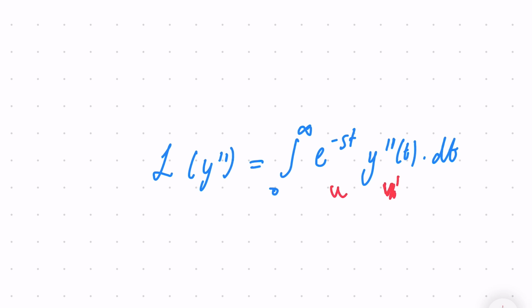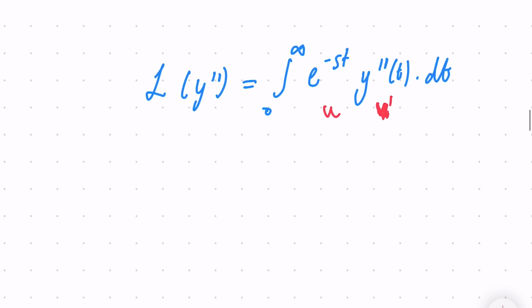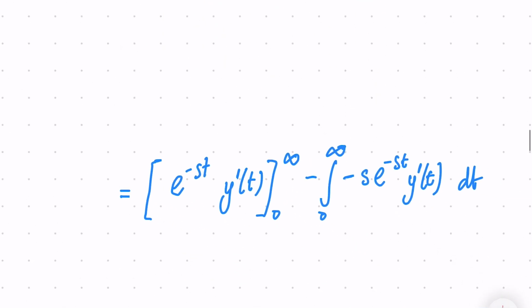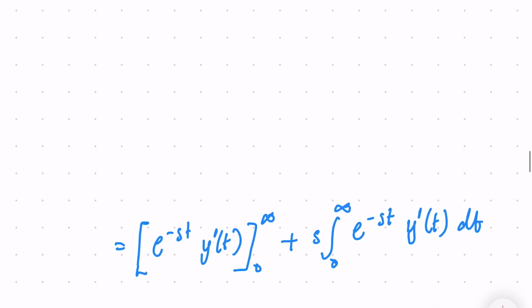Sorry, that's supposed to be a v. The one that I'm going to integrate is y double dashed, and integrating y double dashed, you get y dashed. This is what results from integration by parts. Minus times a minus is a plus. Take out the s, and I've got that.